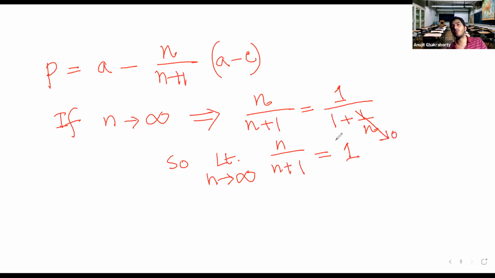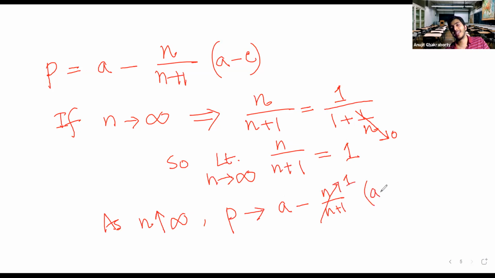So that's just 1 over 1, which is 1. So as n rises all the way to infinity, price goes to a minus 1 times (a minus c), which is a minus a plus c, which is c.